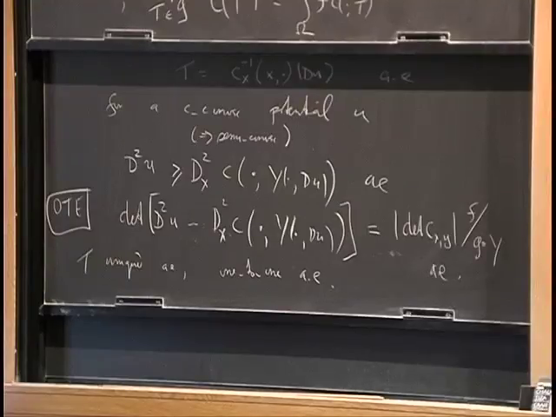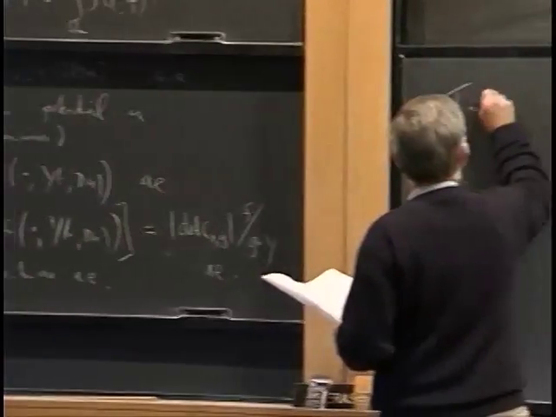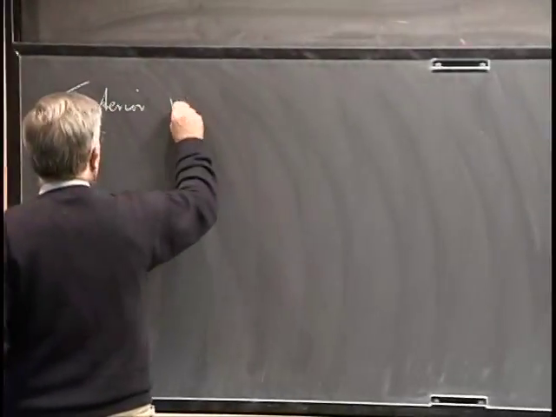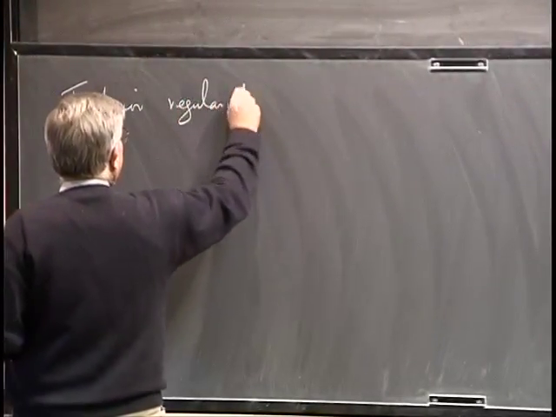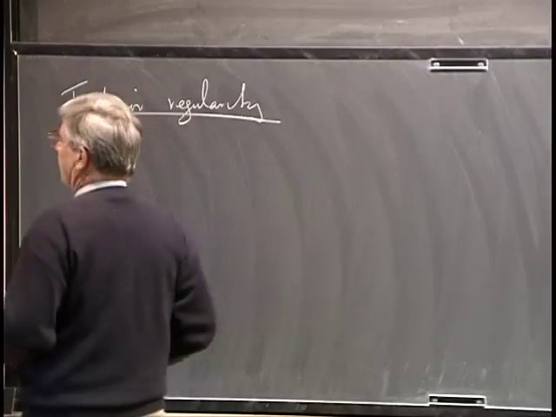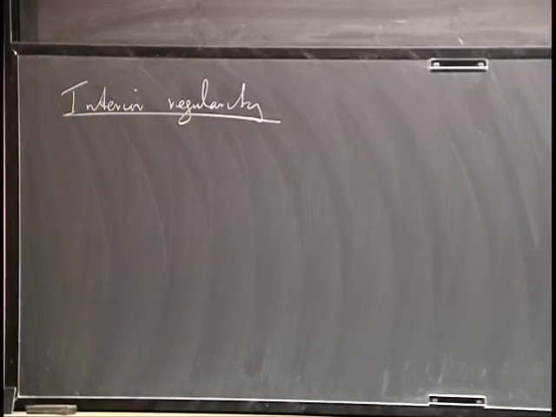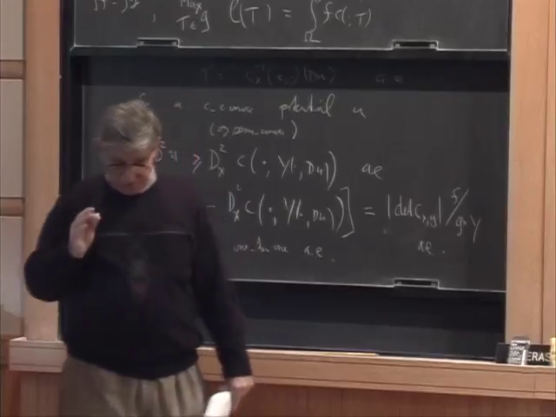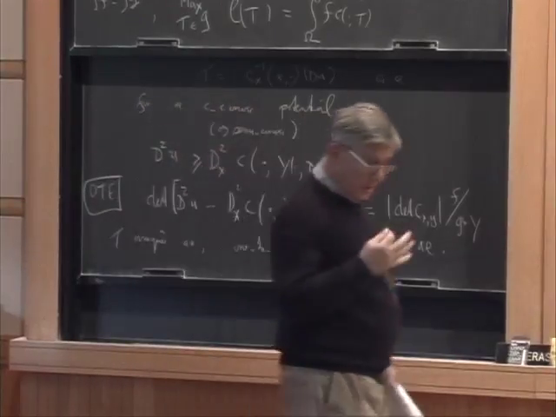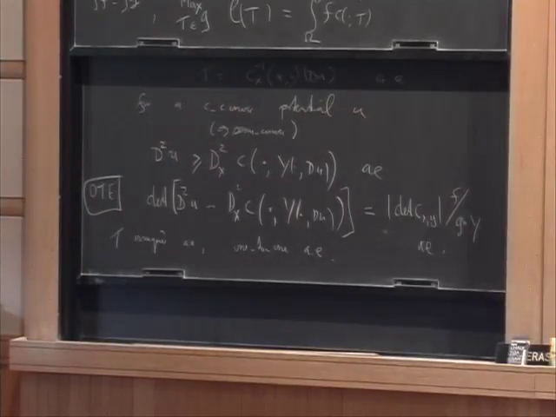Okay, so let me now start talking about interior regularity. Our object is to find conditions which will imply that such a potential is locally smooth in the interior of the domain. We could also approach the problem of global regularity. It's a completely different sort of approach.